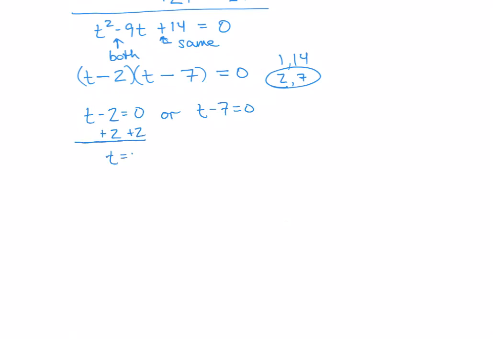We get t equals 2, or second equation, I can add 7 to both sides. We get t equals 7. If you want, you can put it in set notation. You can put it in the squiggly brackets, and we get 2, 7 inside squiggly brackets.